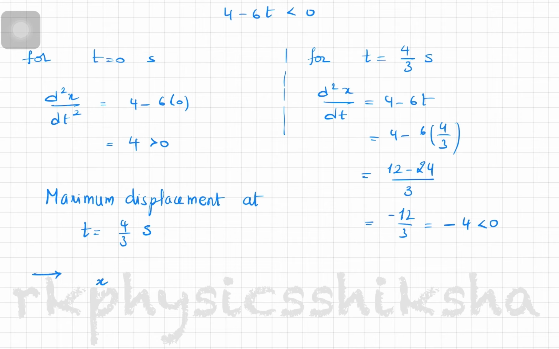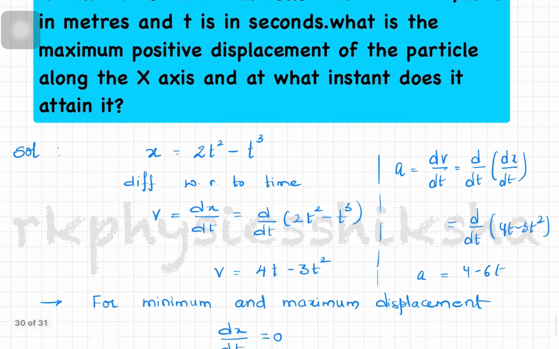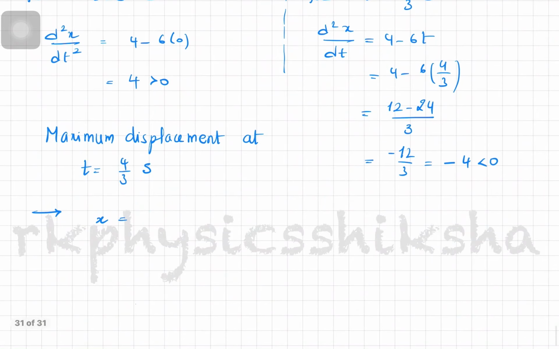To calculate that maximum displacement, we have x equals, sorry, my mistake, x is 2t square minus t cube.